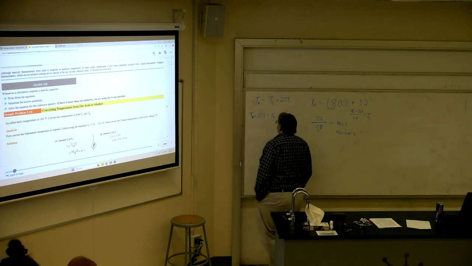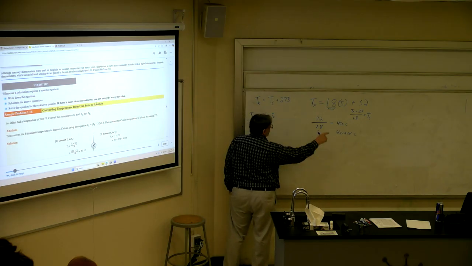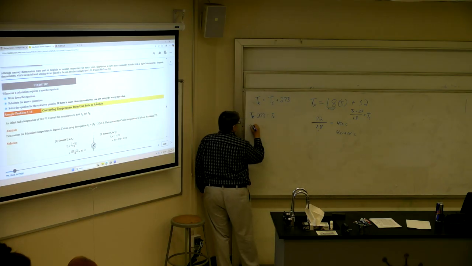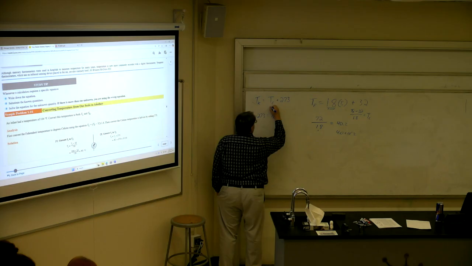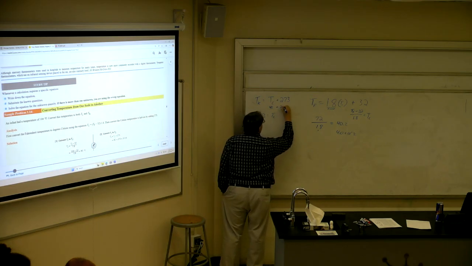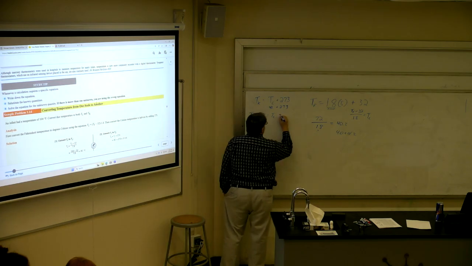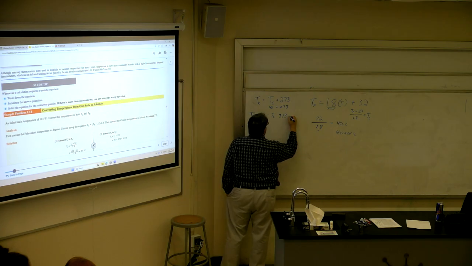I think all of these are straightforward enough. Celsius to Kelvin is just this. Now that we've got 40. degrees Celsius, what is that, 313?